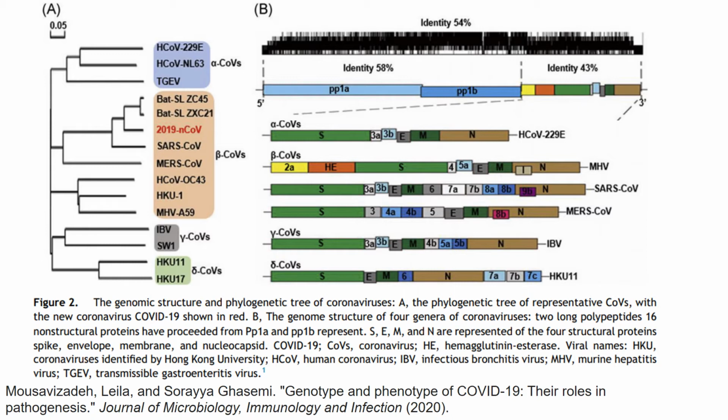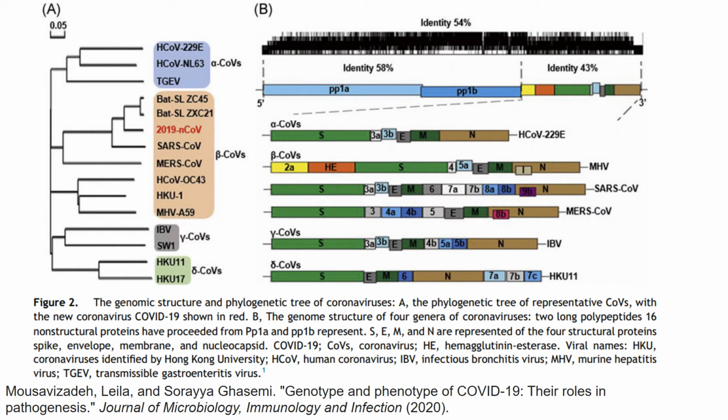Now, if we look at panel B, the black part that you see is the overlap or the multiple alignment of the genetic structures of these coronaviruses, and they always have a certain identity.